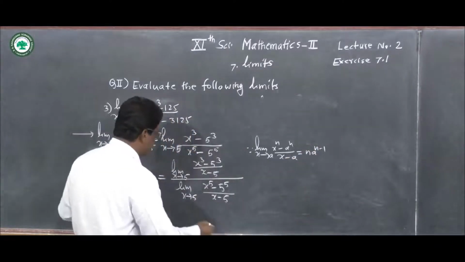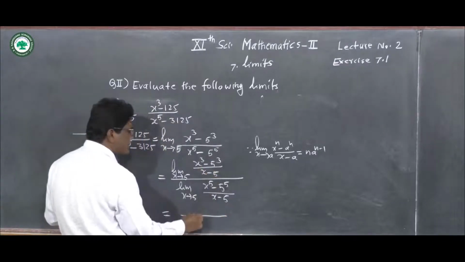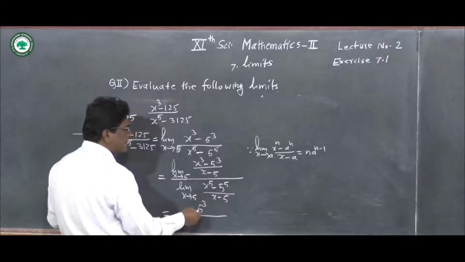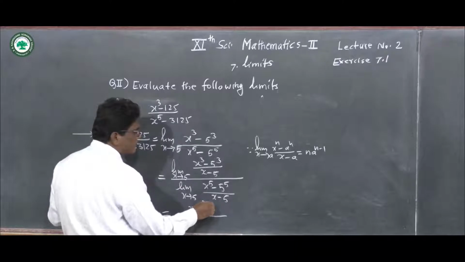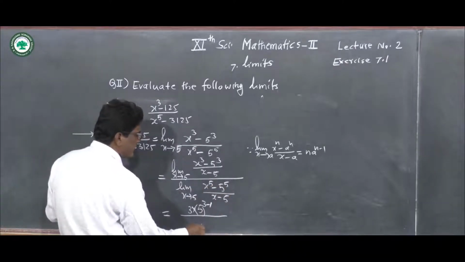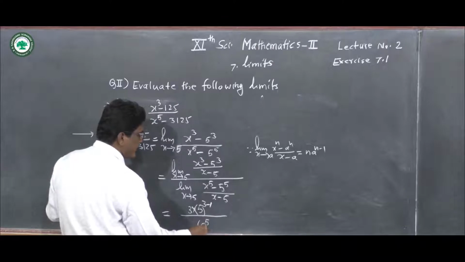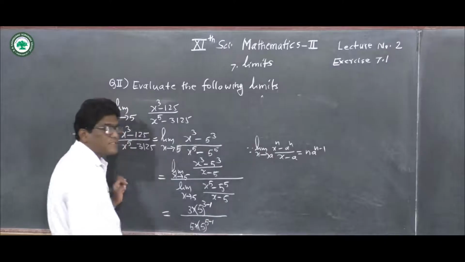So it is equal to, in the numerator, 5 to the power 3: take 3 as the coefficient and subtract 1 from the power, that is 3 minus 1. In the denominator, 5 to the power 5: take 5 as the coefficient and subtract 1 from the power.